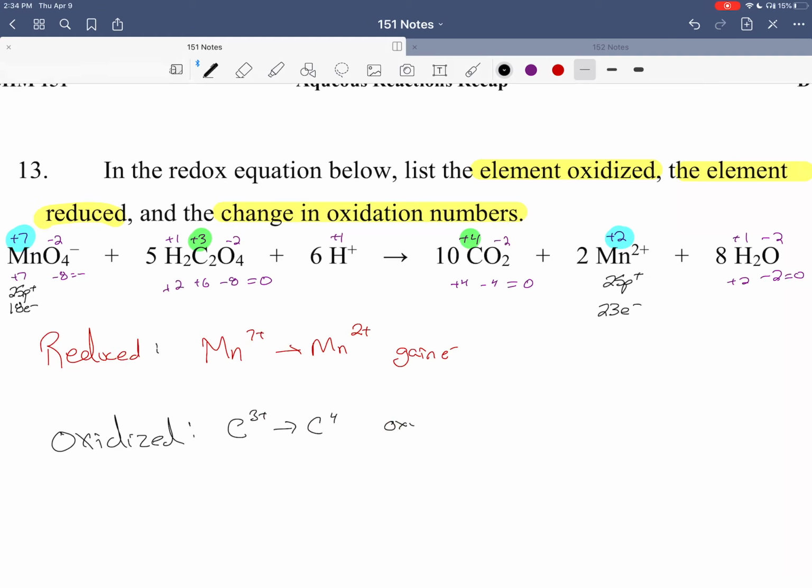That's oxidized. All I want for there is just what's the change. I don't need how many electrons. We're not actually balancing them like that. That's more Chem 2. This is all I would want: who's oxidized, who's reduced, where the electrons are going to and where they are coming from.